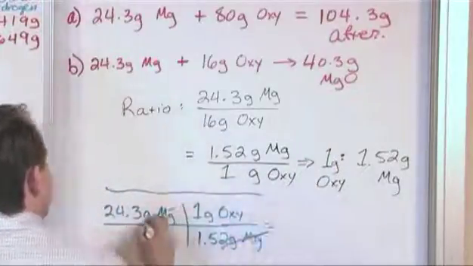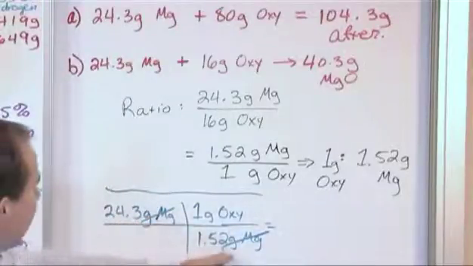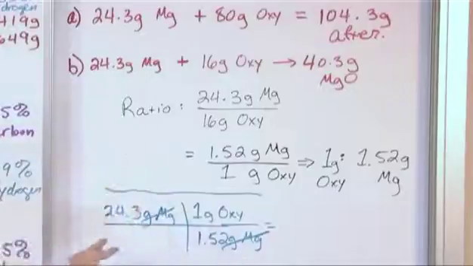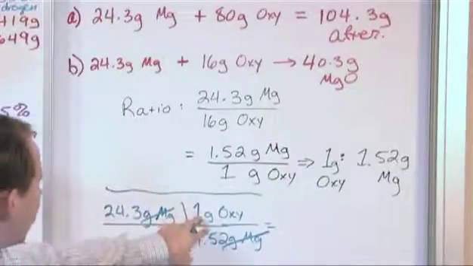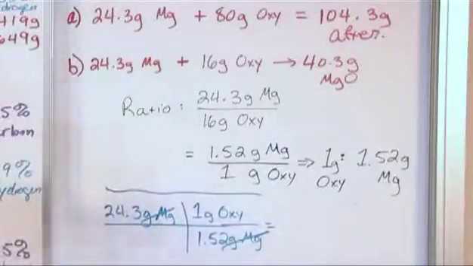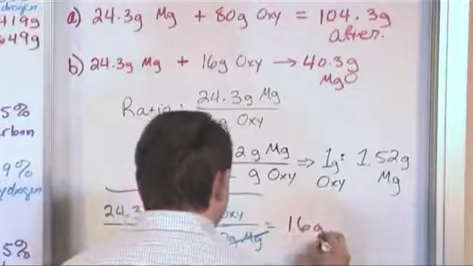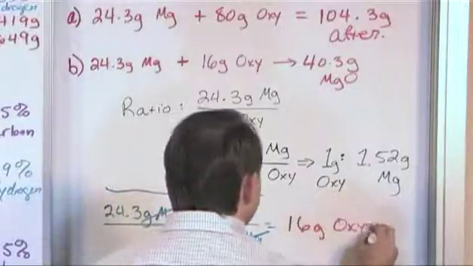So this unit cancels with this unit. I've set it up so that the grams of magnesium cancel with the grams of magnesium. So when I do the multiplication, 24.3 times 1 divided by 1.52, the answer I'm going to get is 16 grams of oxygen used up.